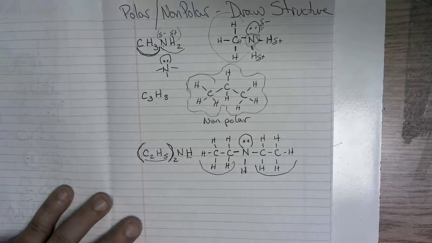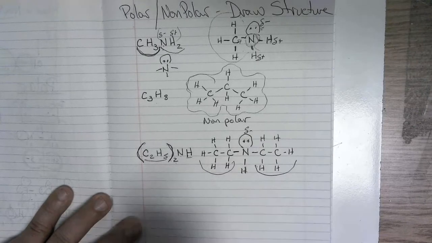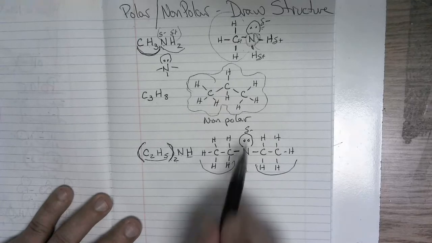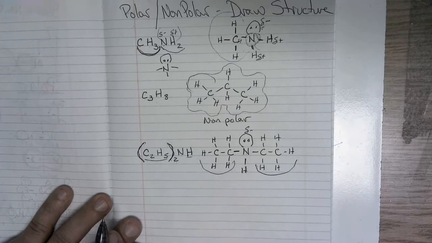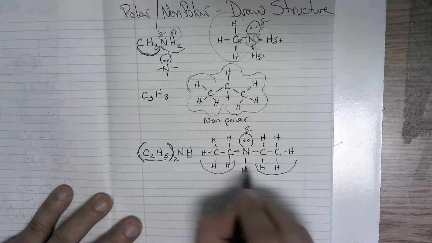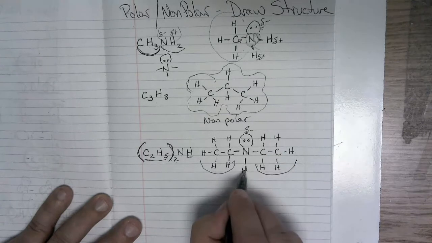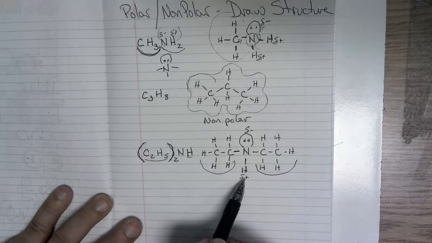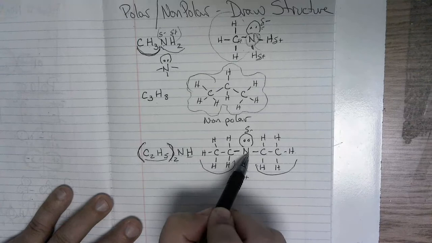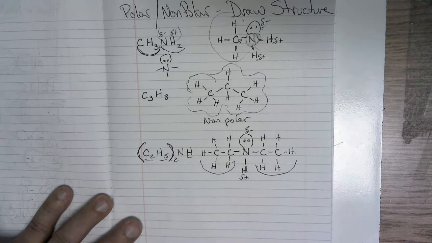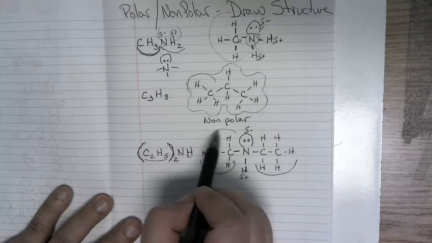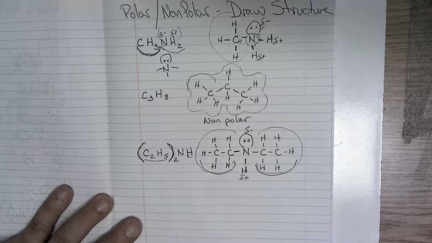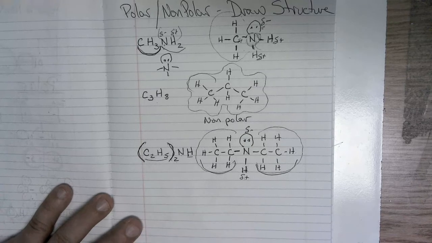Is this polar? Well, yeah, I have a lone pair. That's partially negative. Nitrogen is also a strong pull. So he's going to be partially negative. And this hydrogen, not these, but this one is going to be partially positive. Because this one's hooked to a nitrogen, those are hooked to carbons. The rest of this molecule, this region here and this region here, is going to be nonpolar.